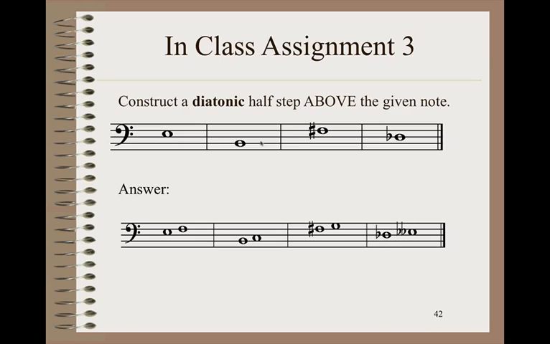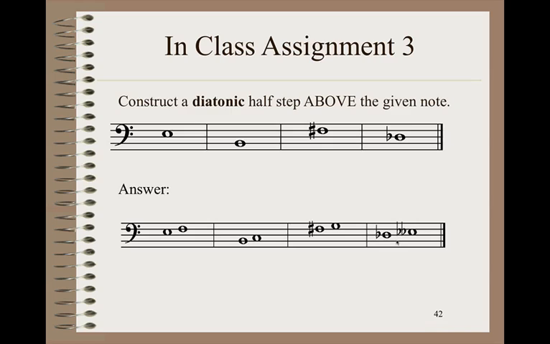How'd you do? Here's the answers. E to F, B to C, F sharp to G sharp. How about this one? D flat to E double flat. That's a little trickier one.